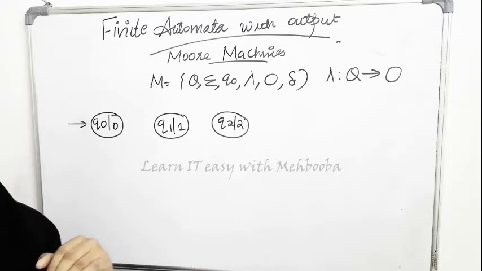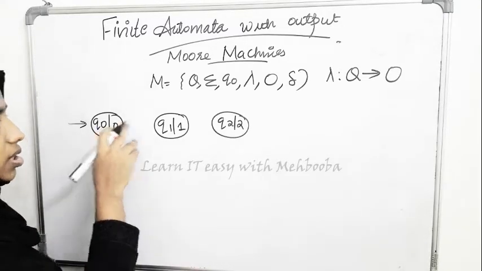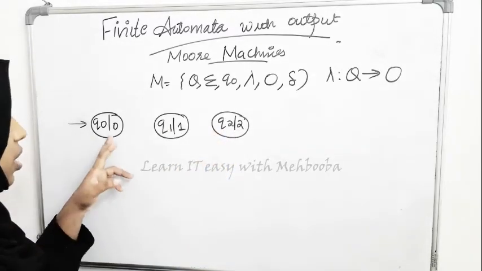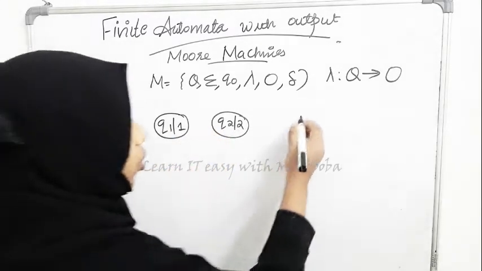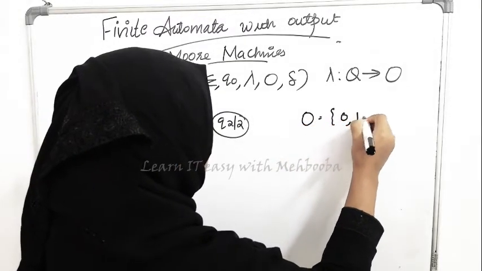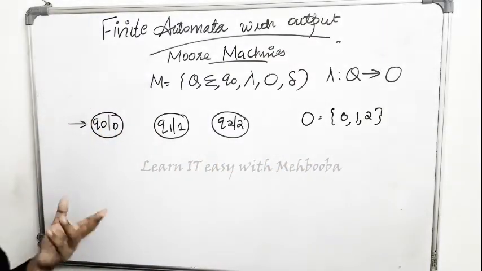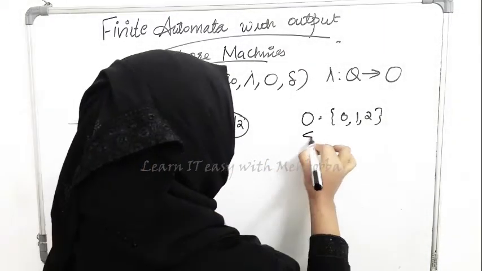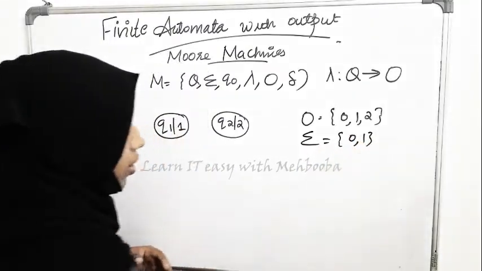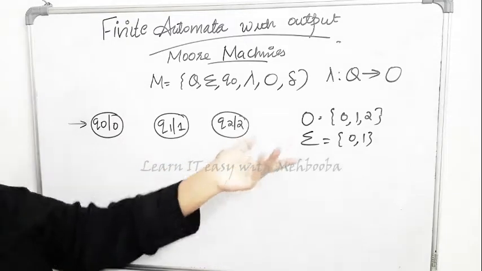When we take the modulus of a binary number with 3, you may get 0, 1, or 2 as a result. So 0, 1, 2 are the output alphabet, O. The input alphabet sigma is the binary alphabet, just zeros and ones.